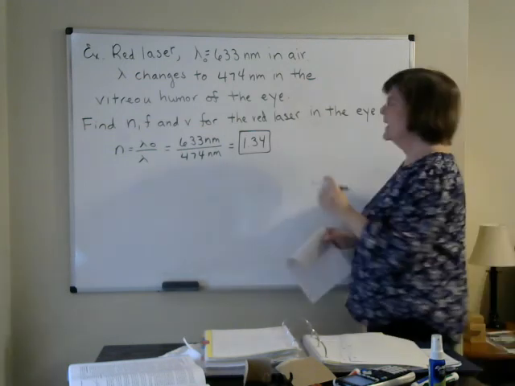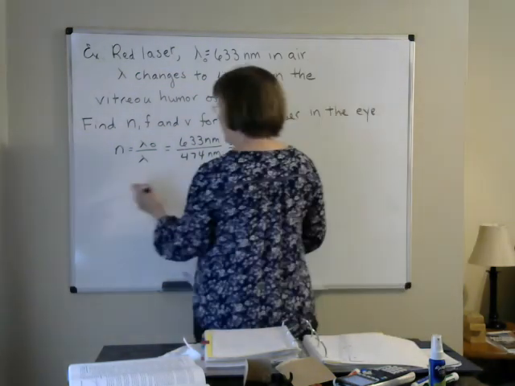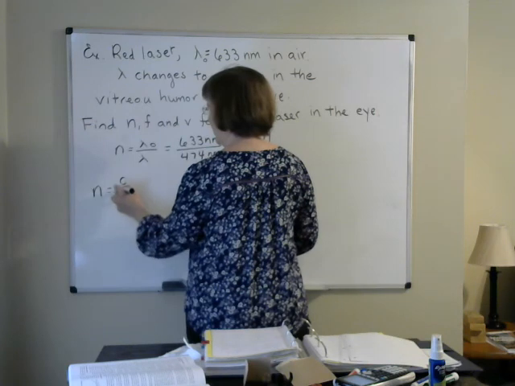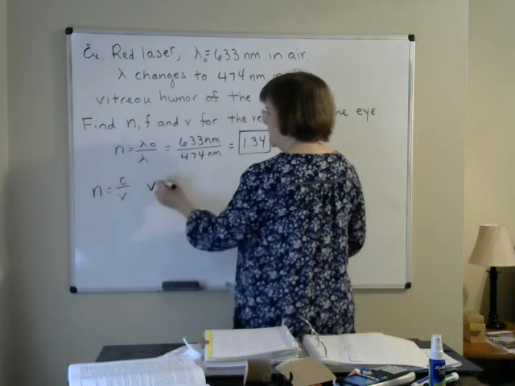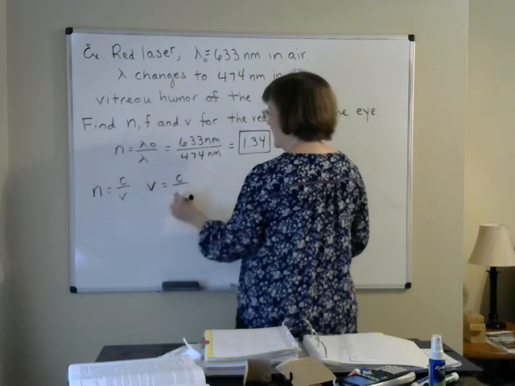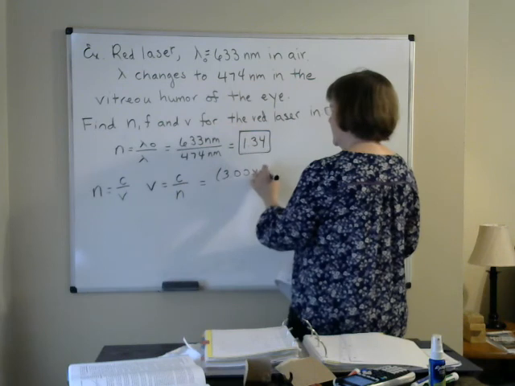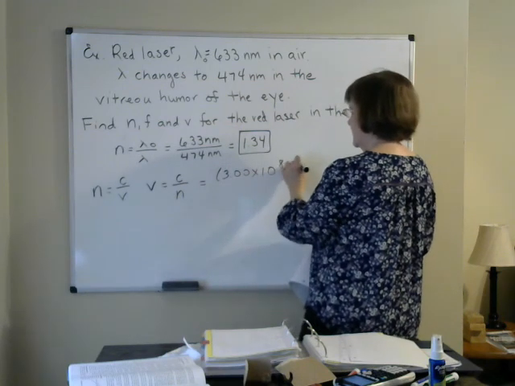The speed of the red light would be pretty easy to do. We know that N is equal to C over V, which means that V is equal to C over N. The speed in air or vacuum is 3 times 10 to the 8th meters per second.